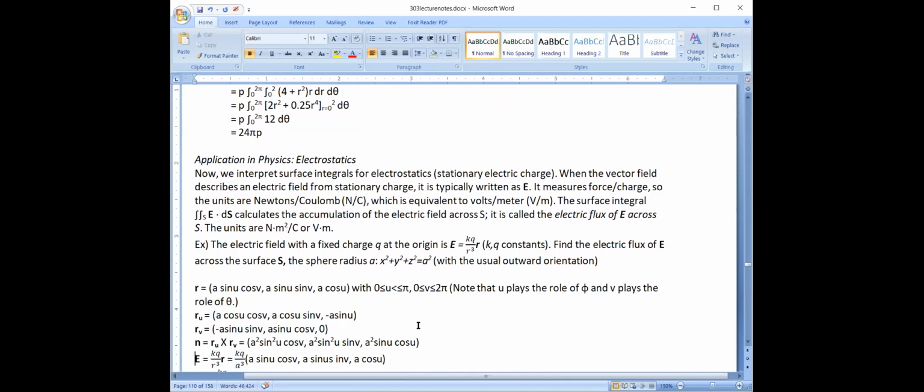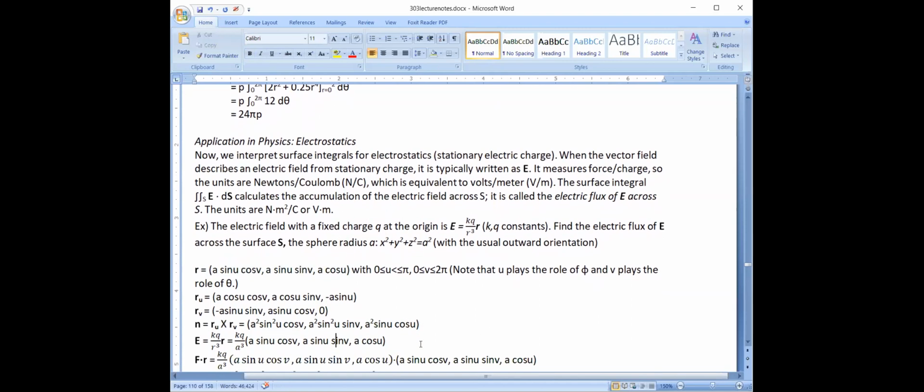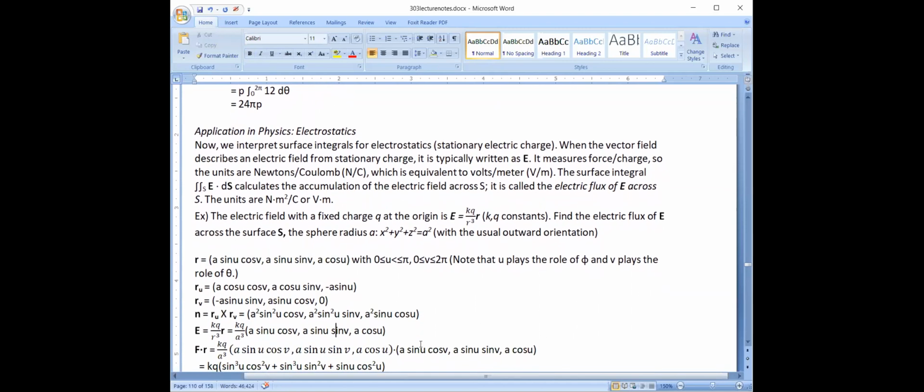So that's just kq over a cubed, that's one big constant, times our position vector, which was the thing we just wrote down in our parameterization over here. So if we simplify, and a cancels. Well, stuff is going to cancel anyway. So let's see how that's going to look.